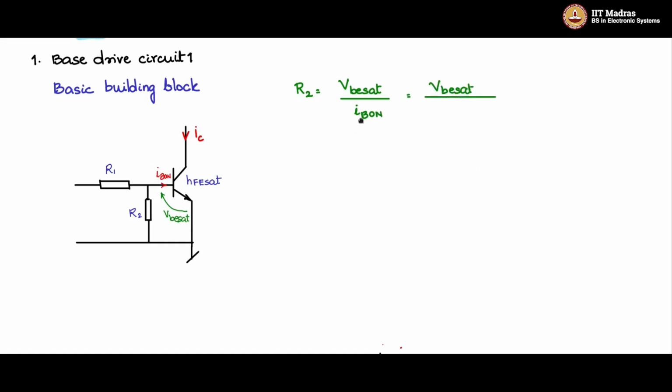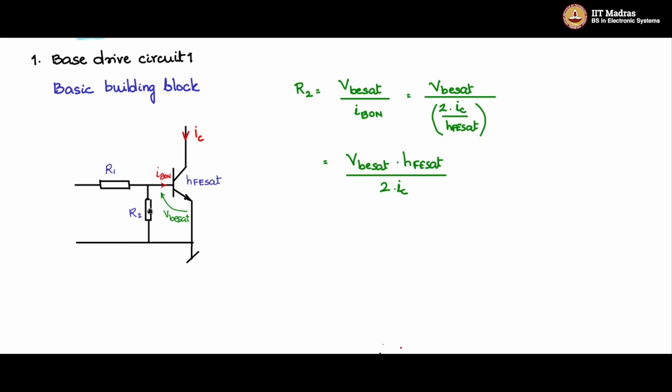And what is IB on? IB on is 2 times IC by HFE SAT. Therefore we can say VBE SAT into HFE SAT by 2 times IC will be the equation that one can use for choosing R2.